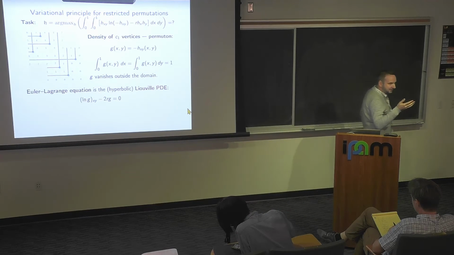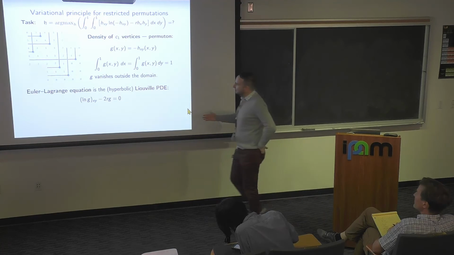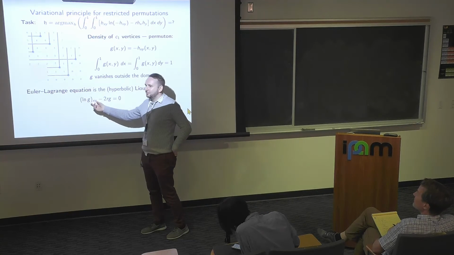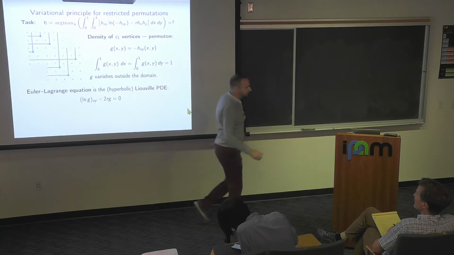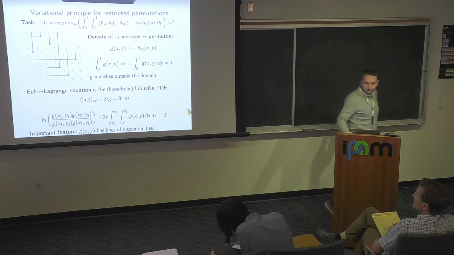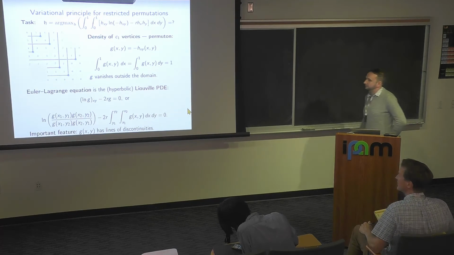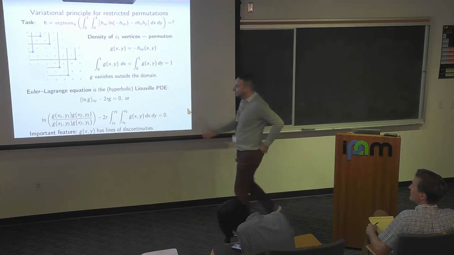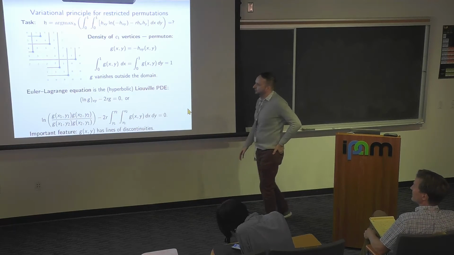Now, there is one feature here which I already mentioned in the first half of the talk, that we expect some discontinuities. And if you expect some discontinuities, it's a little bit dangerous to write an equation in terms of the partial derivative, because if there are discontinuities, what does it even mean to differentiate your function? So it might be better to write this partial differential equation in an integrated form. In integrated form, it again turns out to be some kind of 4-point relation.